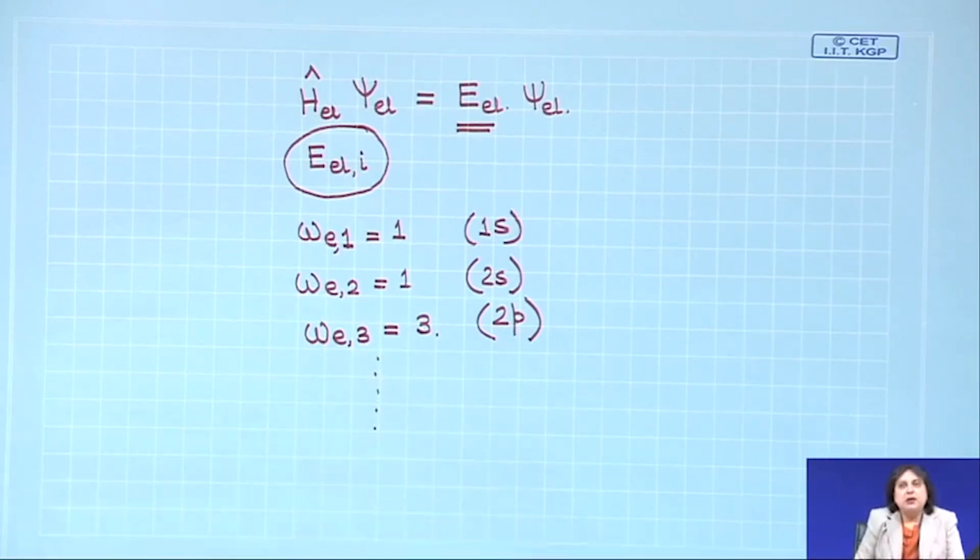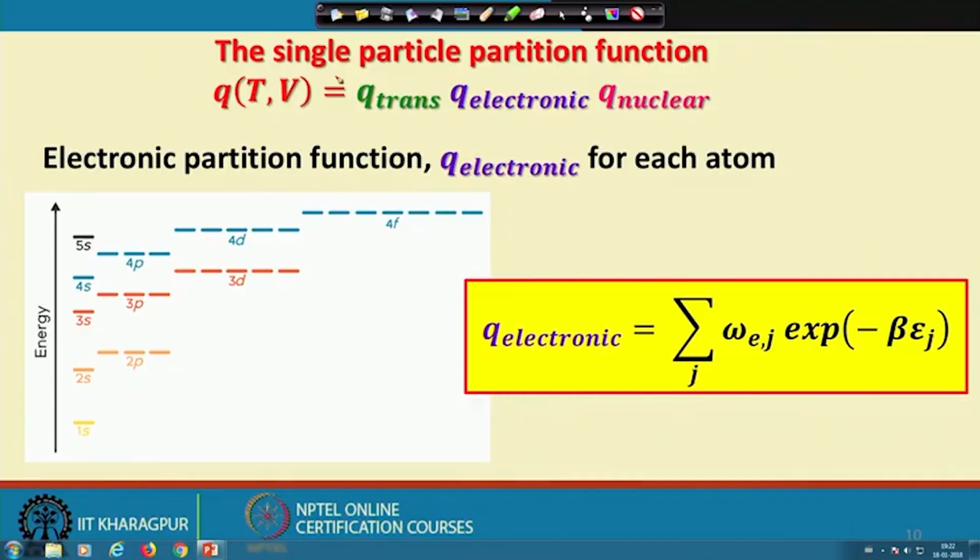So, this is a very restricted picture of what the microscopic state of this atom actually is, but in general, what I am trying to say is that for many systems, multi-electron systems, it is found useful to sum over all the levels rather than over all the microscopic states.